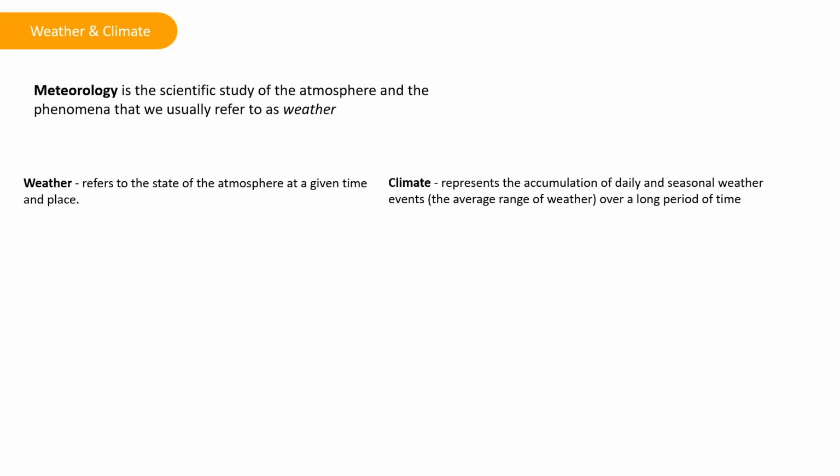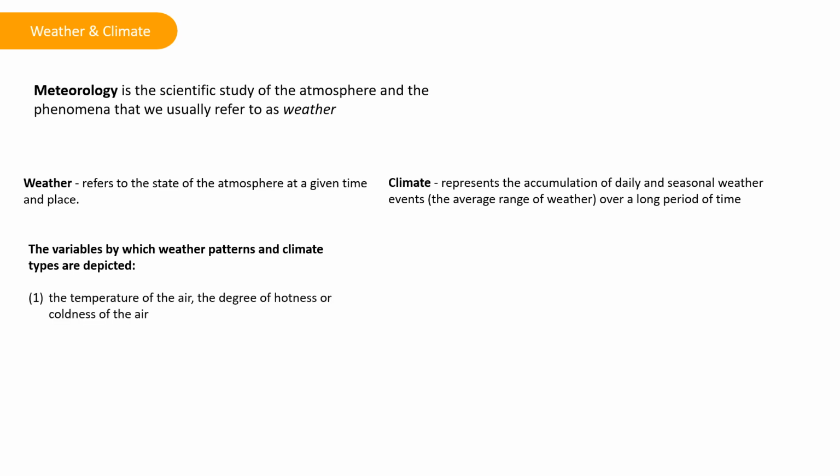And both of these, weather and climate, are expressed in terms of the same basic properties or elements that are measured regularly. These elements could detect the weather patterns, and the climate could be depicted through these variables, such as the temperature of the air.